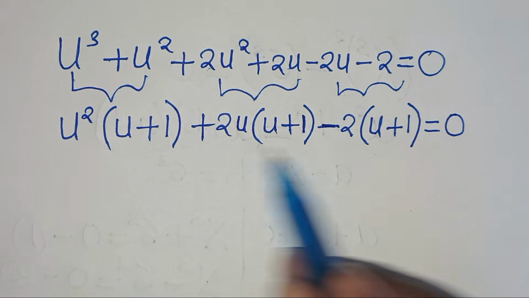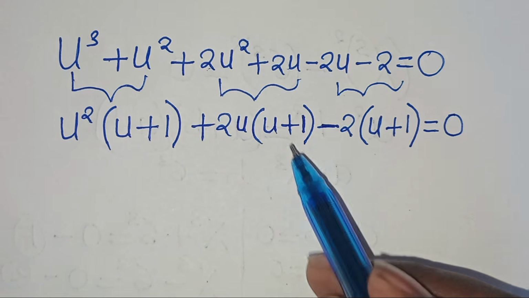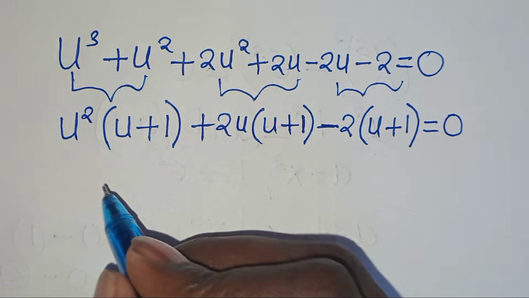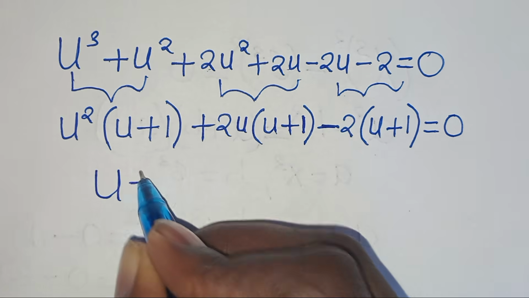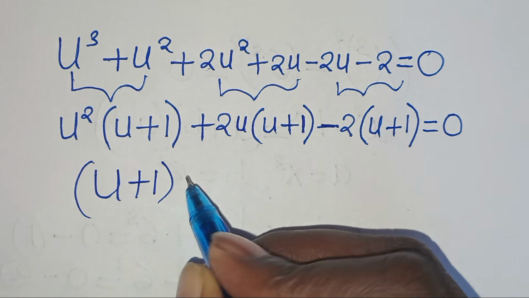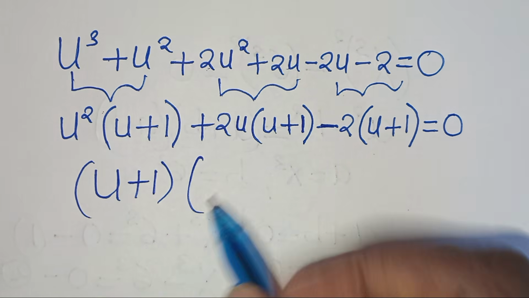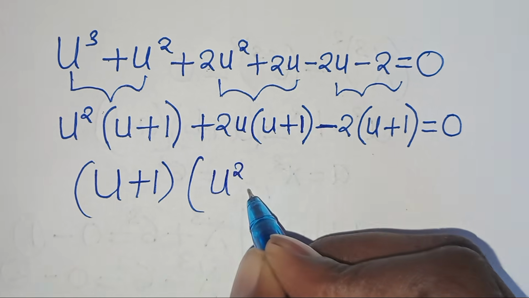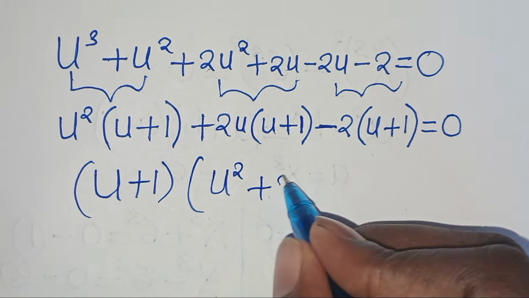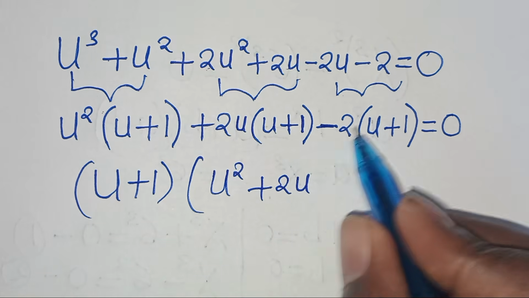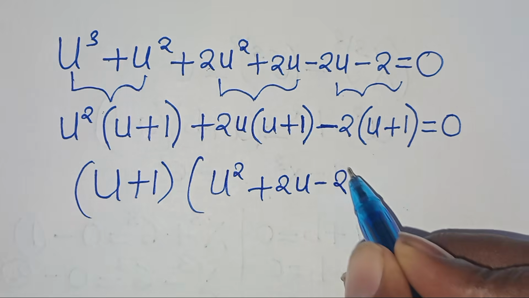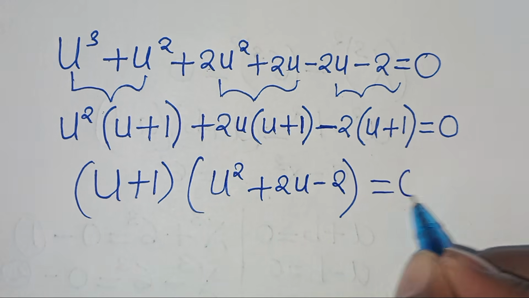So if you check here, we have that u plus 1 is common here, so we factor out u plus 1. Into the parentheses, we have u squared plus 2u, then subtract 2, this is equal to 0.